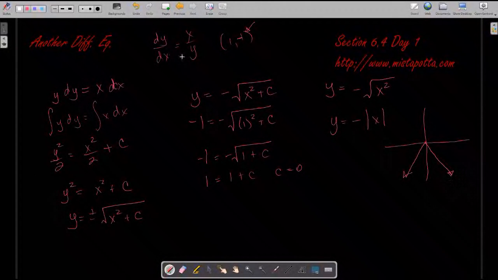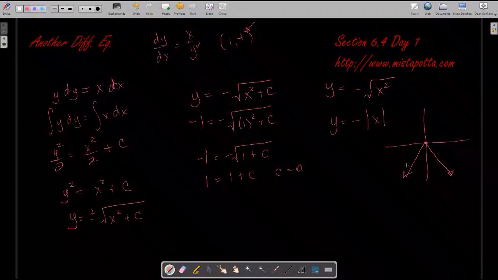And notice that my differential equation is undefined when y equals 0. When y equals 0, that's this point here. So I see that my graph that I've got here actually satisfies my differential equation as well.